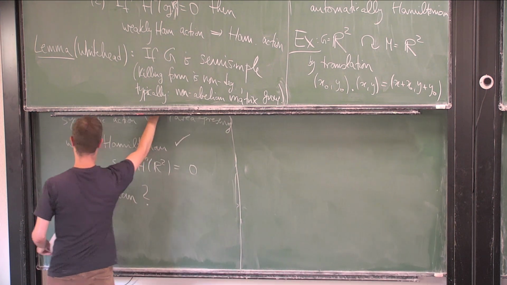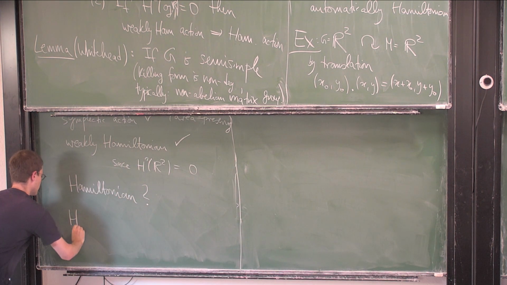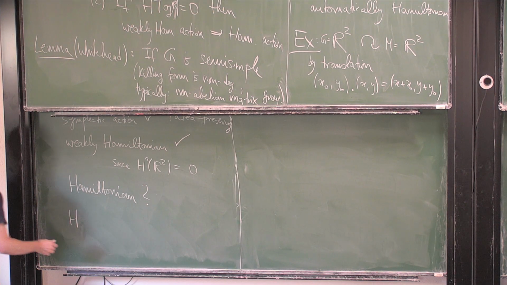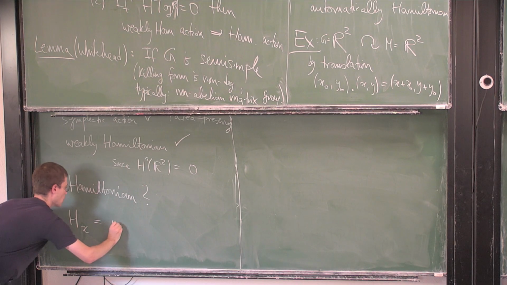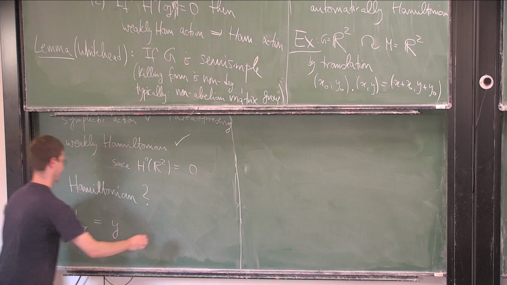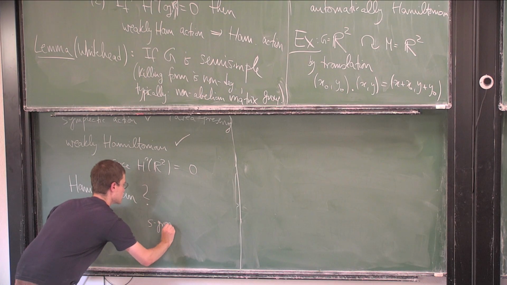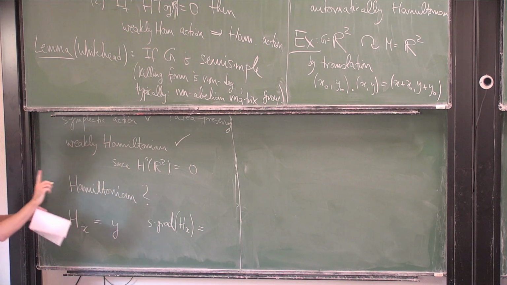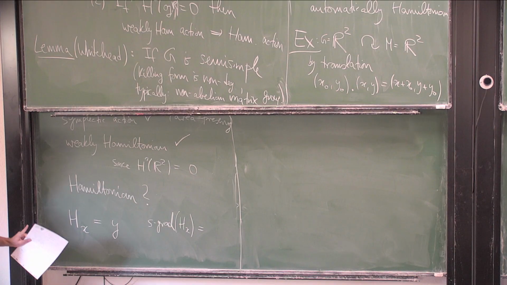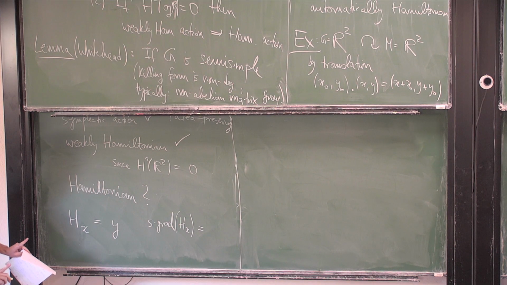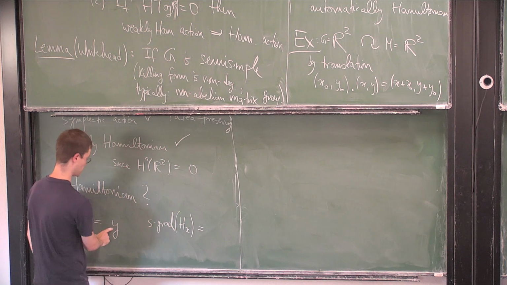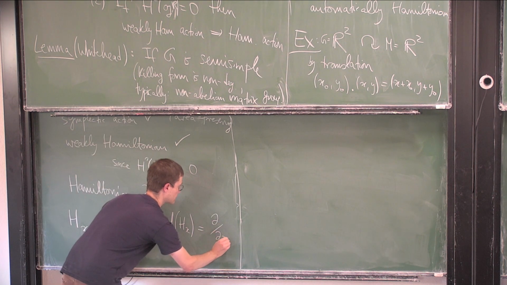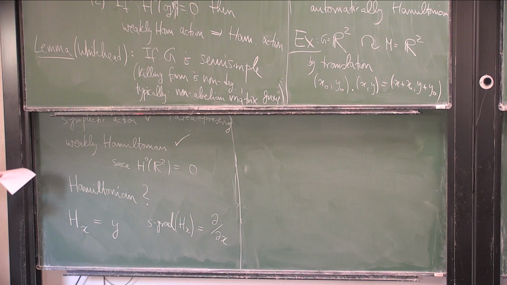So h of x, to be exact, it should be y, because if I take the symplectic gradient of h_x, there was this formula: you differentiate with respect to x and you get del y, and you differentiate with respect to y, you get a minus sign and del x. So this is exactly the way of going in the x direction.